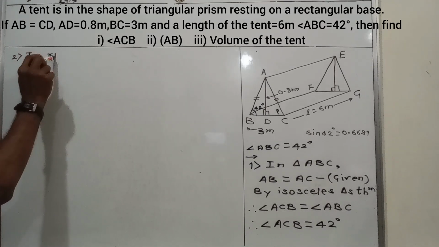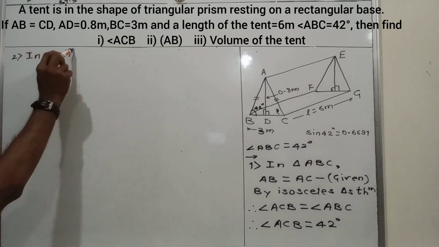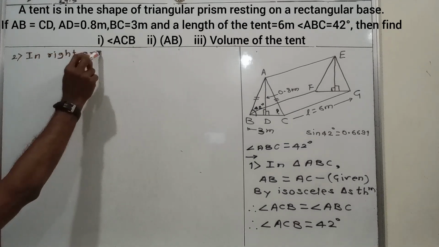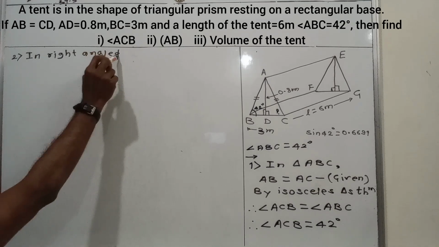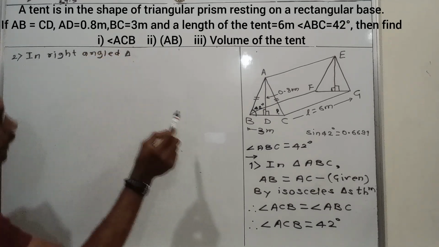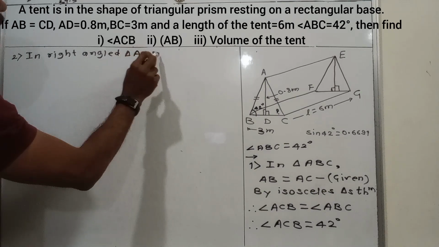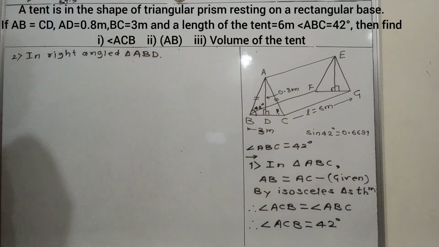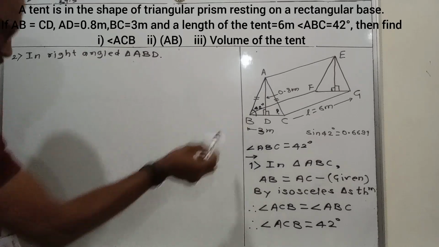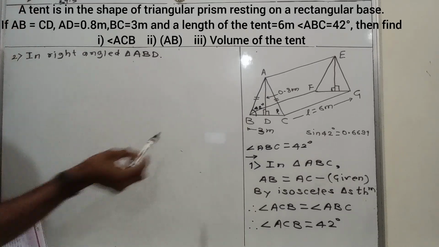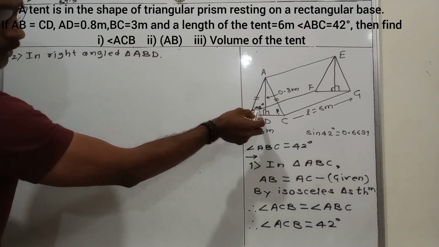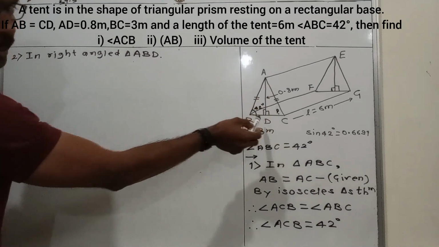In right angled triangle ABD, we want to find AB, and we know AD.